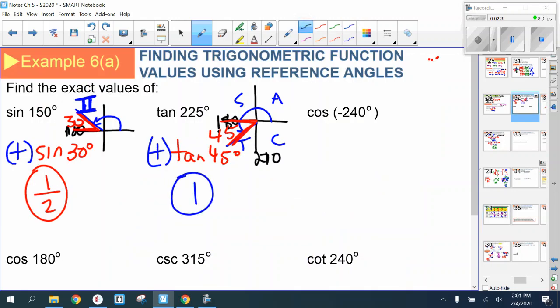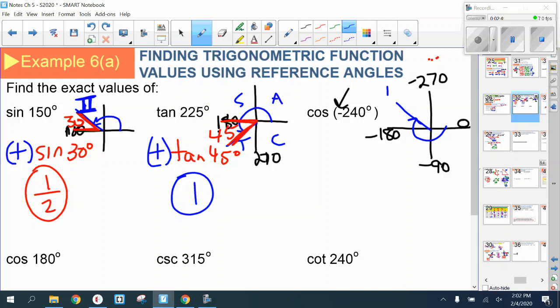Cosine negative 240. Now that negative does not mean the answer is negative. It means we're going around backwards. So that's 0, and if we go backwards, that's negative 90, negative 180, negative 270. So if I'm going around backwards, negative 240 puts me in quadrant 2. What do I know about cosine in quadrant 2? Cosine is negative there.